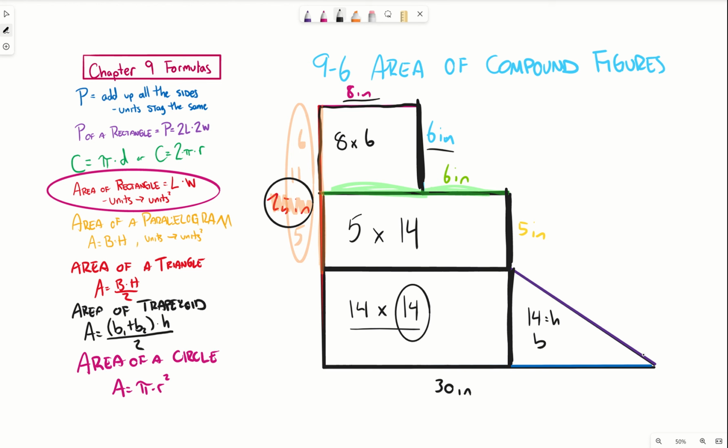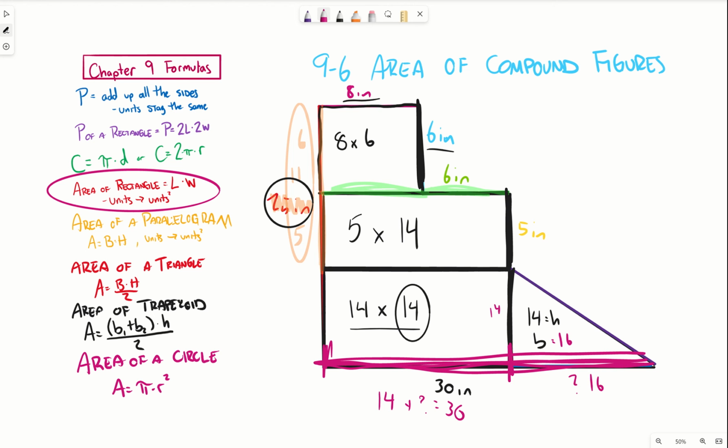So if this base is a grand total of 30 inches, and we know that this amount here is 14, so this is 14 plus something equals 30. Well, 14 plus 16 equals 30. So we know the base and height of this triangle. We know this height is 14 and this base is 16.